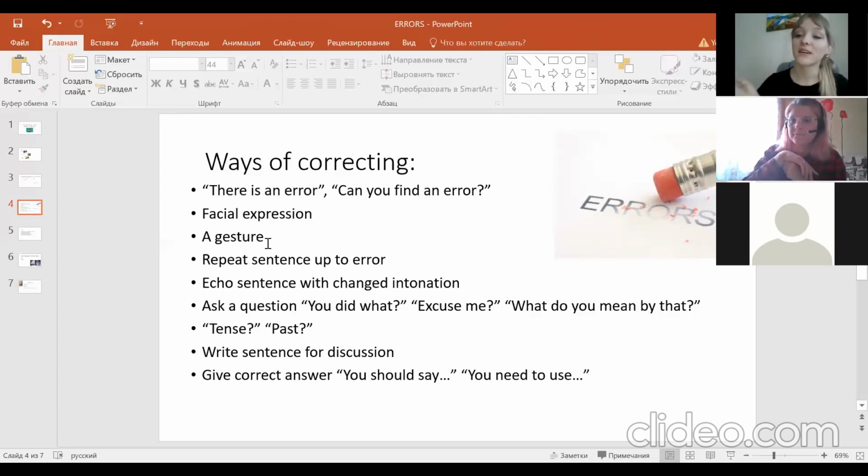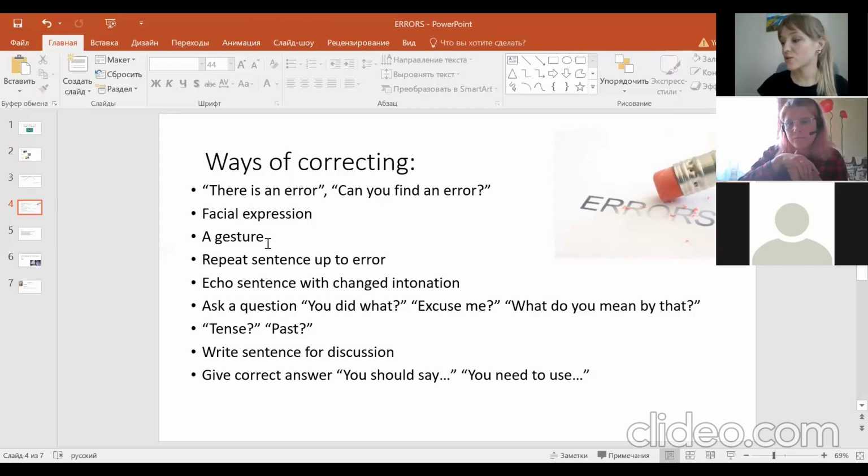You need to teach your student to understand what you mean, because the first time they will be like, what are you talking about? So you have to explain and show it many times, but if you use it more than once, at some point they will understand that their mistake is here.